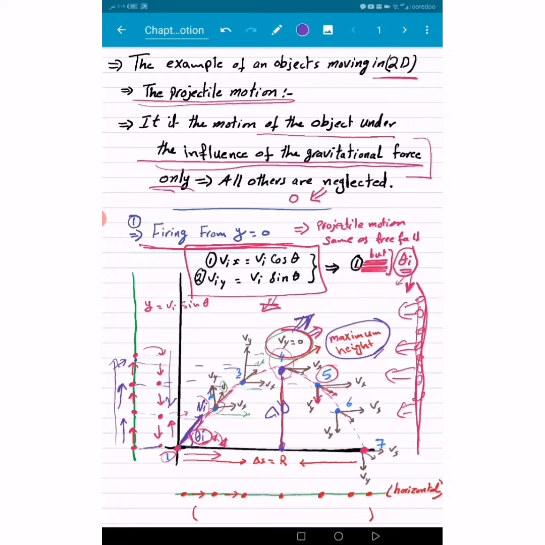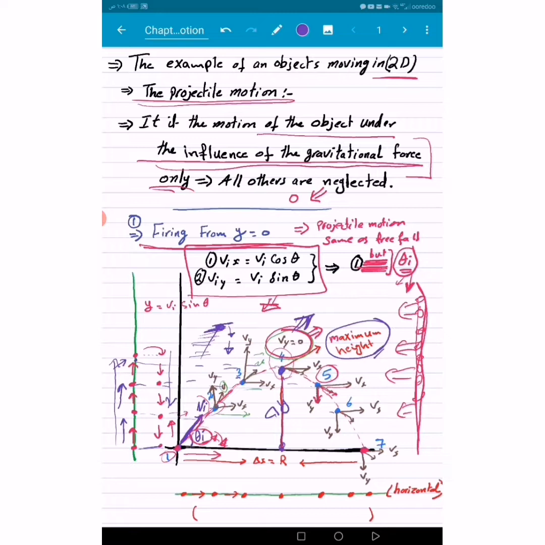The gravitation, from launching, reduces the object's motion till the maximum point. This point is the maximum height. From the maximum height, gravitation takes the object to fall down freely, under gravitation only.